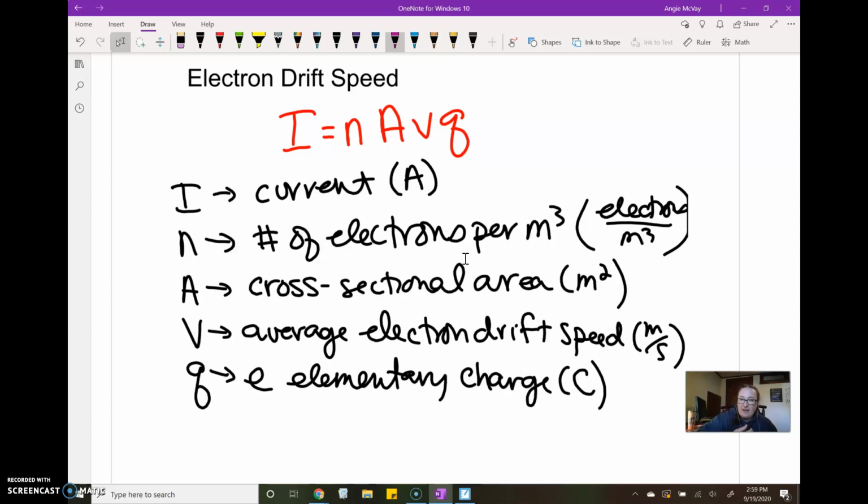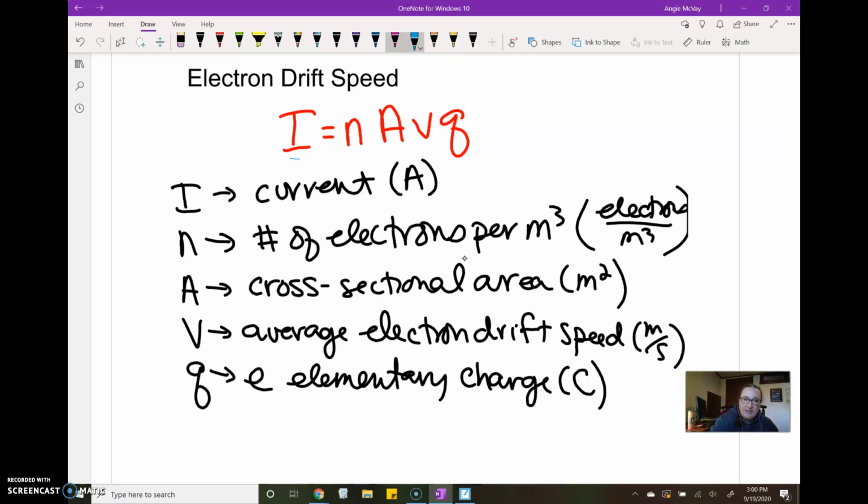Well, they're actually traveling at a constant, what's called drift speed. It takes into consideration the total resistance of the circuit and the potential difference. And so they're actually not speeding up or slowing down as they go through the circuit. Okay, so the electron drift speed equation is written in kind of a weird way.